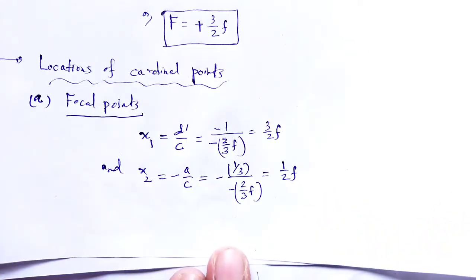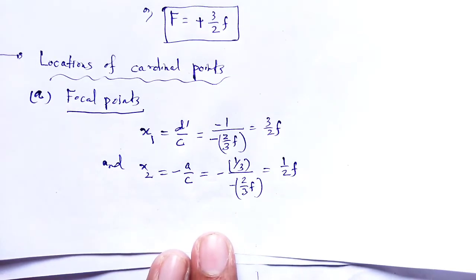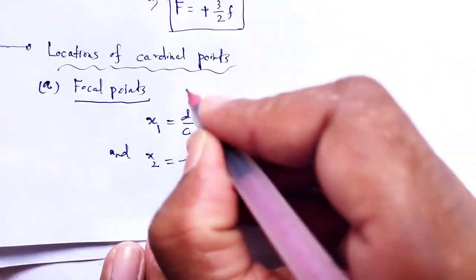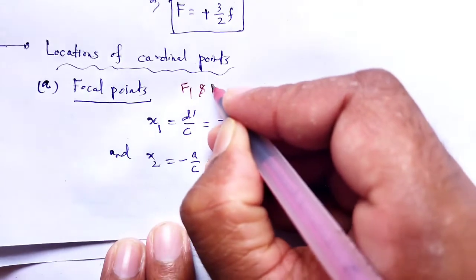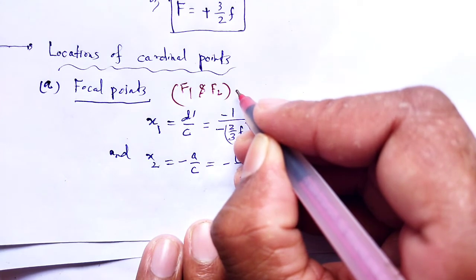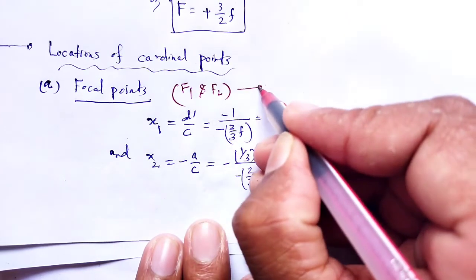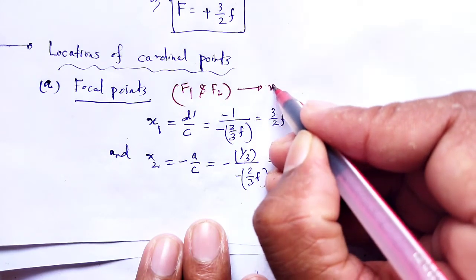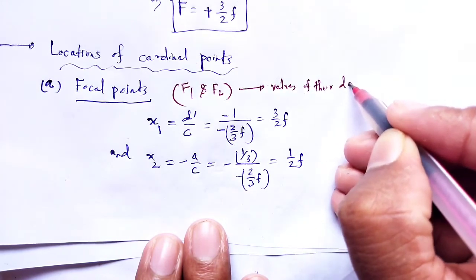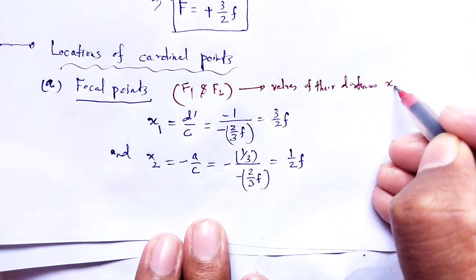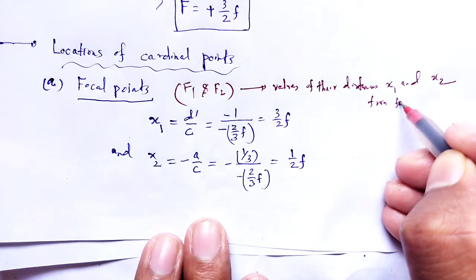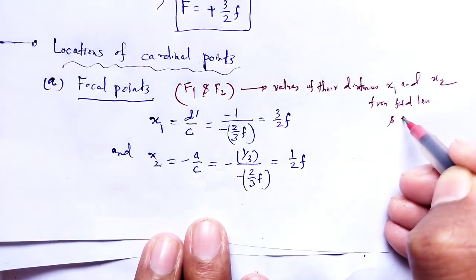Here x1 and x2, that is the focal points f1 and f2, are the values of their distances x1 and x2 from the field lens and eye lens.